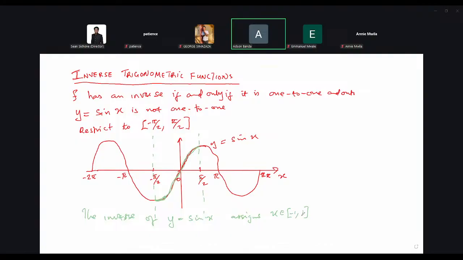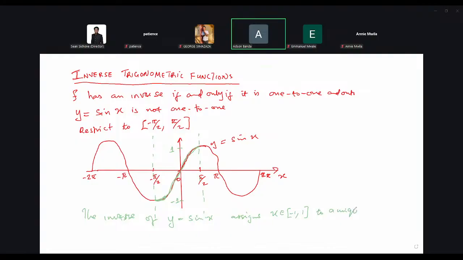So remember that the function value here is 1, and then you have -1. Right, so the inverse will assign an element in the range -1 to 1 to a unique element.